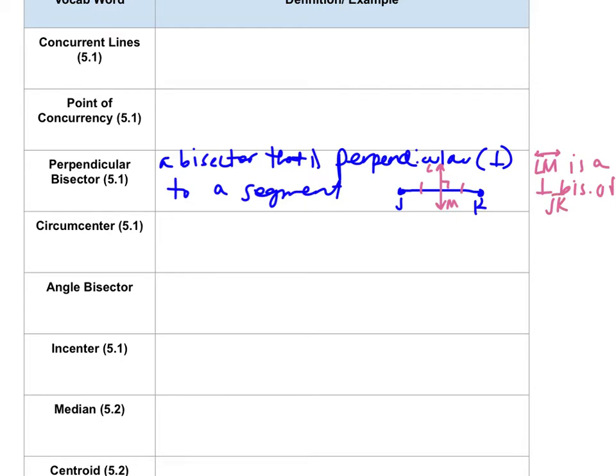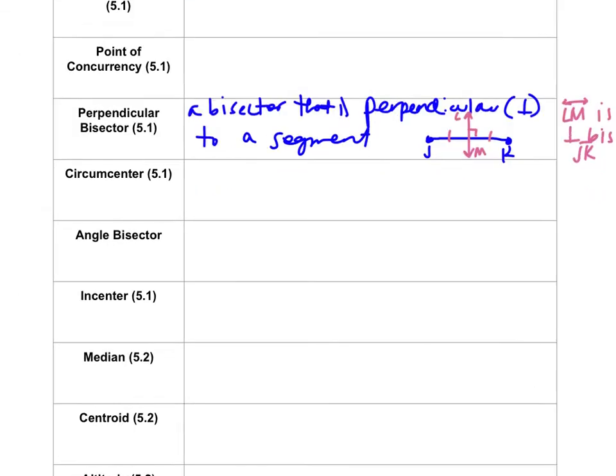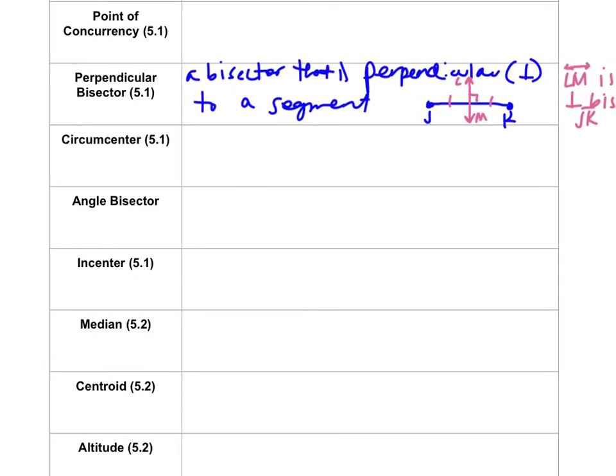And then the next one we have is an angle bisector. That is, again, a bisector that divides an angle into two congruent angles.